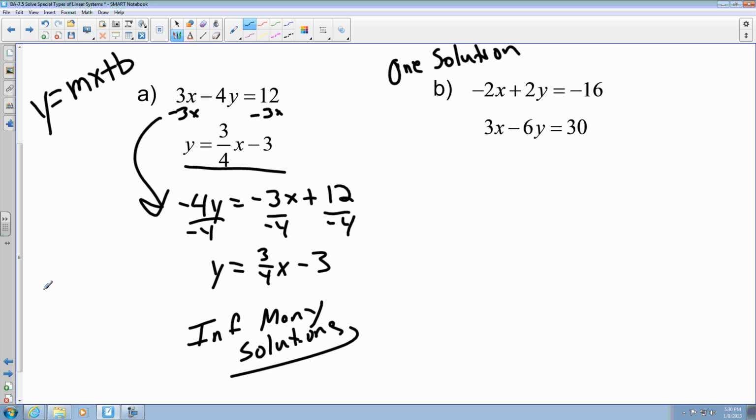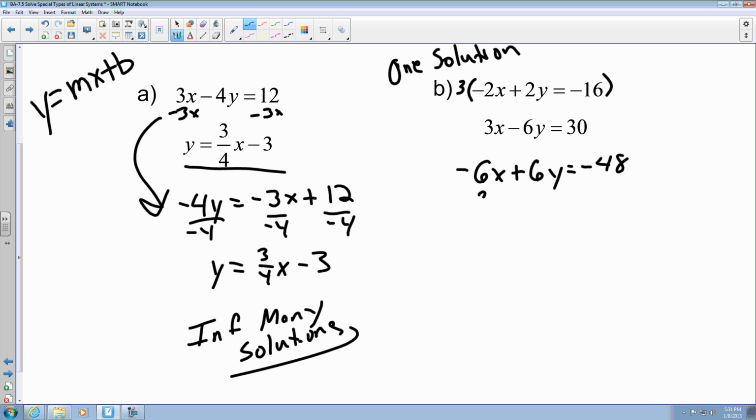I'm going to multiply my top equation by 3. Then that leaves me with negative 6x plus 6y equals, it's negative 16 times 3. That gives me a negative 48.